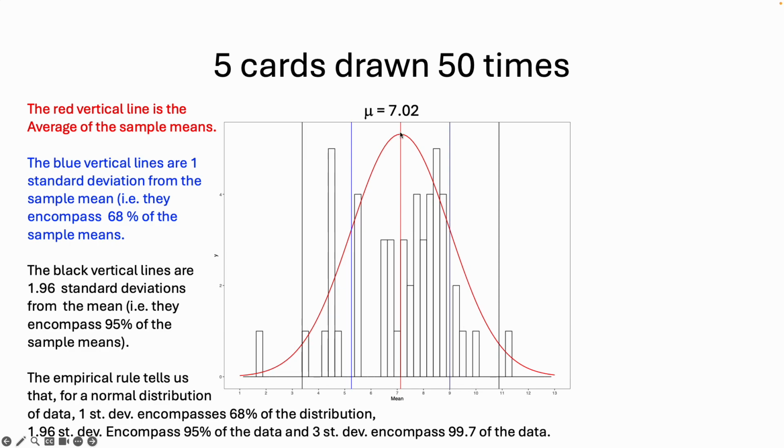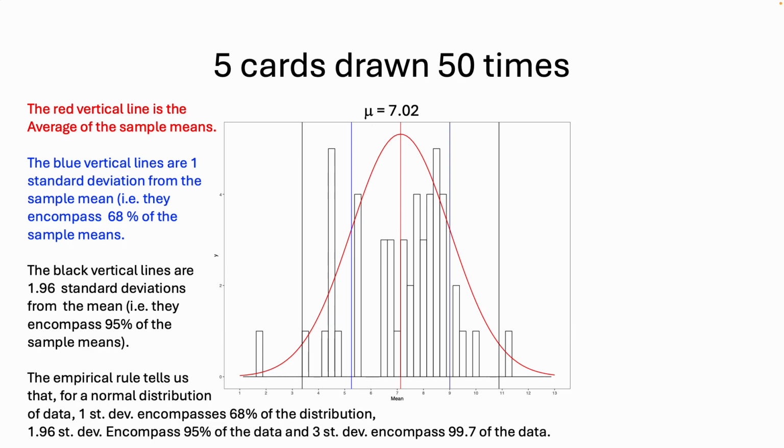Once again, I've shown you where the mean is, where 1 standard deviation to either side of the mean is, and where 1.96 standard deviations to either side of the mean are. You'll notice that here the population mean estimate is closer to 7, which is the expected value. It's still not quite there, but it's very, very close, even with only 5 cards.